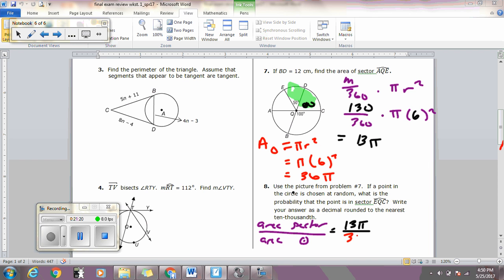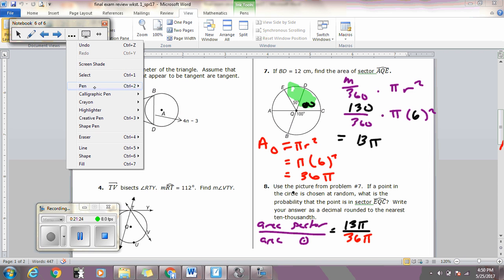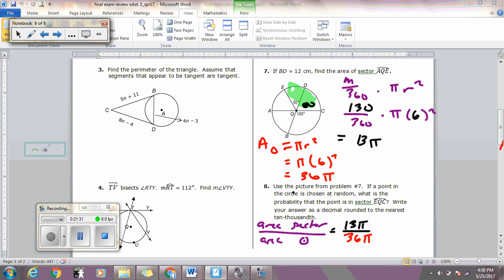So put it at the bottom. Now, if we were asked to leave it as a fraction in reduced form, you would put 13 pi divided by 36 pi in the calculator. And when you turn it back into a fraction, you would end up simply getting 13 over 36, because the only thing that's going to change is the pi is canceling out.